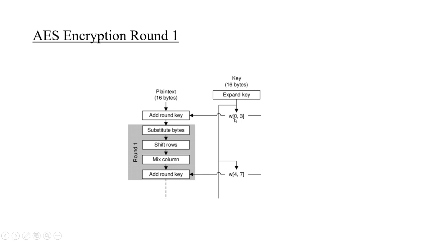So here word 0 to 3 means 4 subkeys or 4 words. And for round 1 it uses only 4 subkeys. The subkeys are used only in add round keys, and the other 3 processes don't have subkeys.